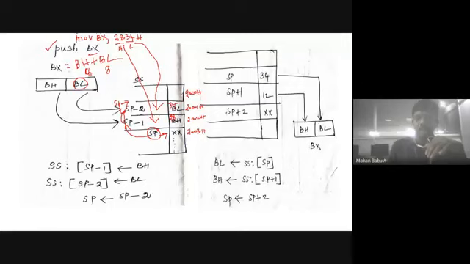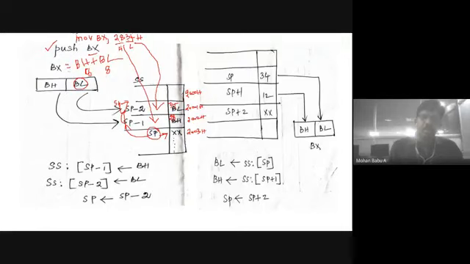So listen carefully, ma'am. PUSH BX means we are going to push the data, store the data from the register to the stack. BX contains 16-bit data. First, it will push the higher byte. The higher byte is 28, into the stack. 28 is stored in the higher address because 28 is the higher byte.